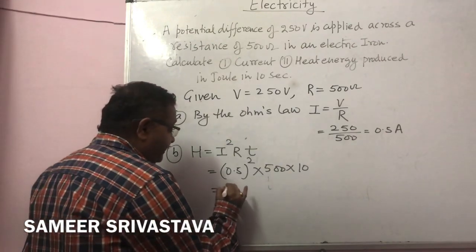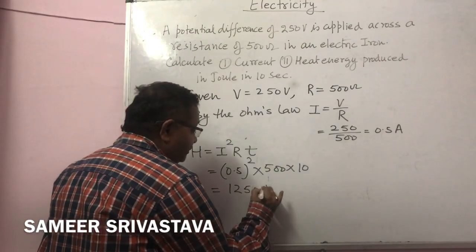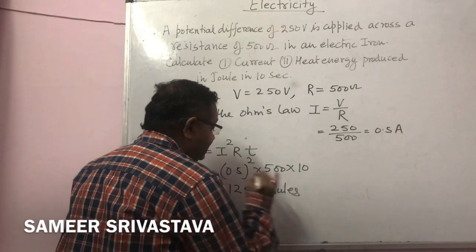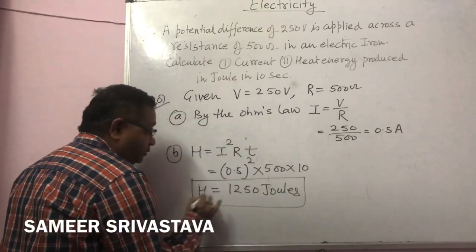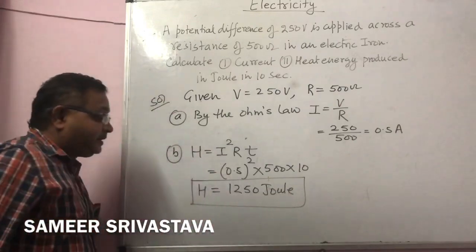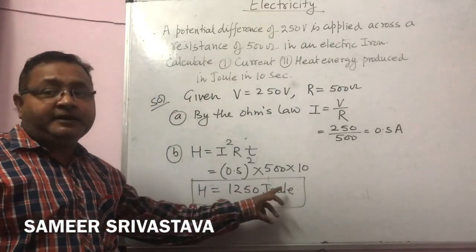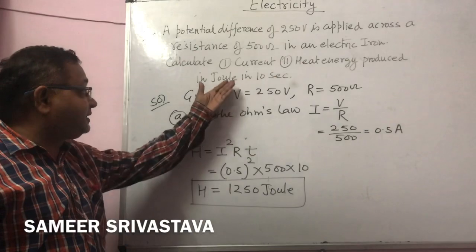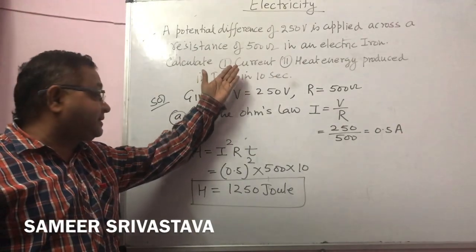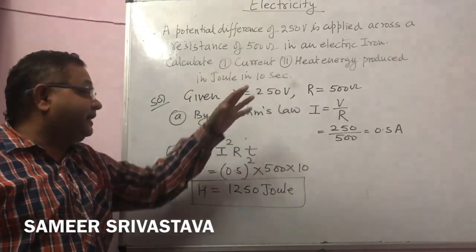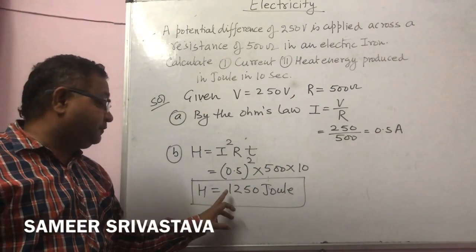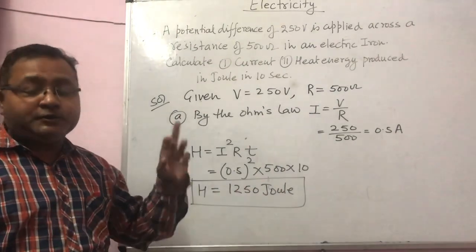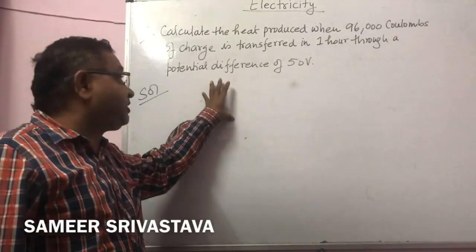After calculation you get the answer as 1250 joule. Right, so this is the answer for the two parts. Current is 0.5 ampere and heat energy will be 1250 joule.